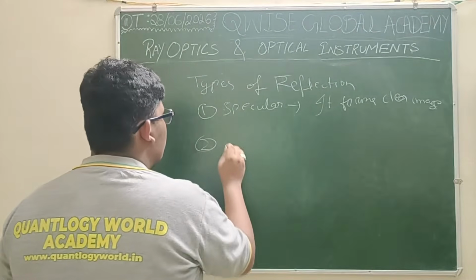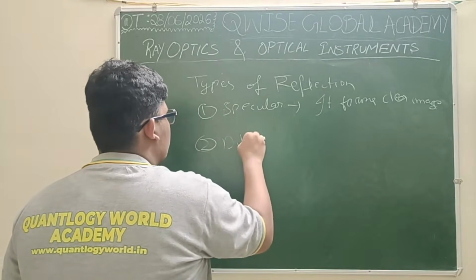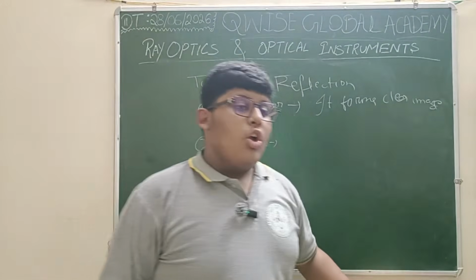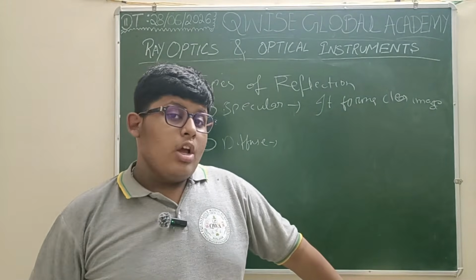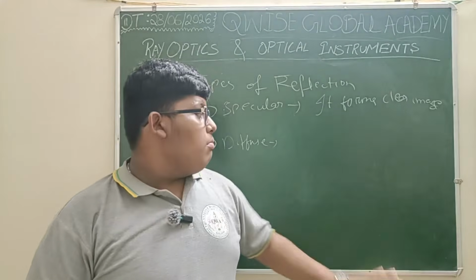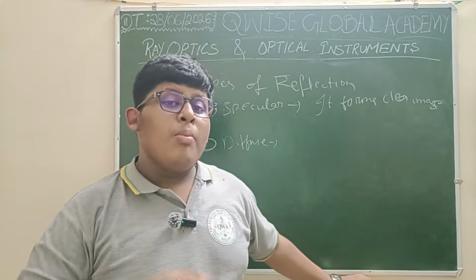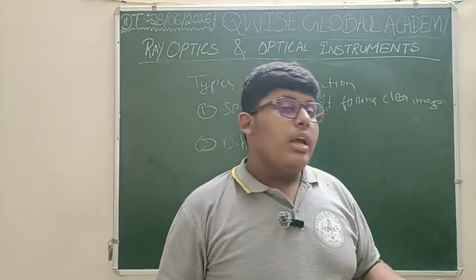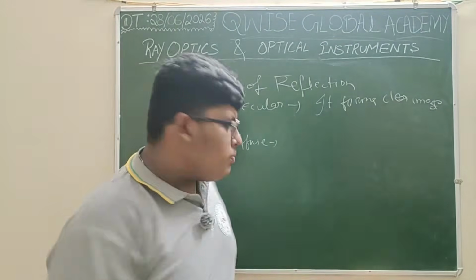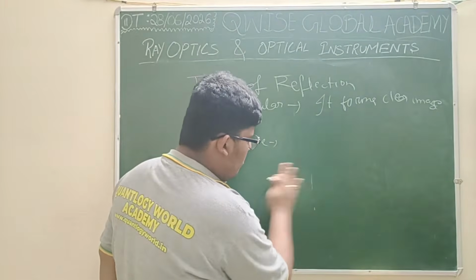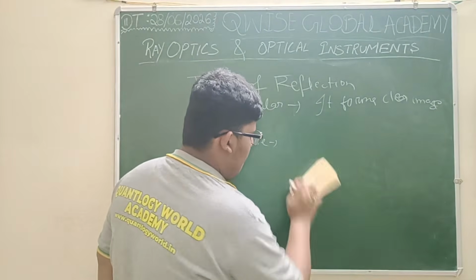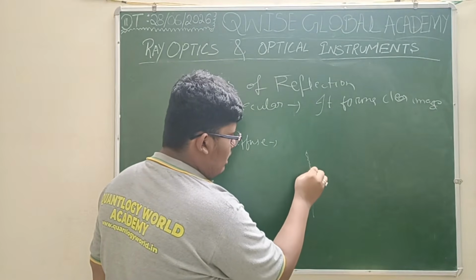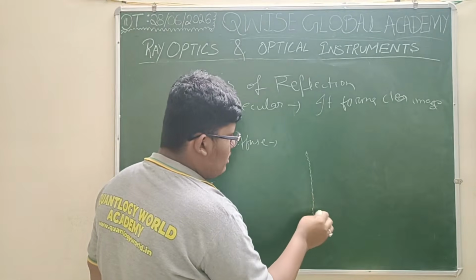The second type is irregular or diffuse reflection. It is just the opposite of specular reflection. When light rays come from a source and touch an irregular or unpolished surface, at that time light deflects in an improper way. Let's see the diagram. Let's say this is the reflecting surface, whose surface is a little rough.